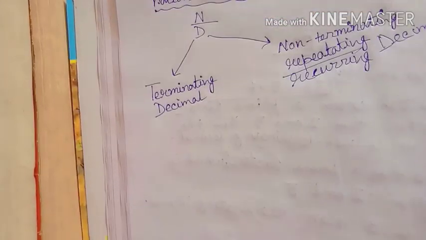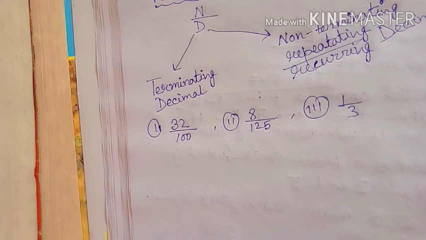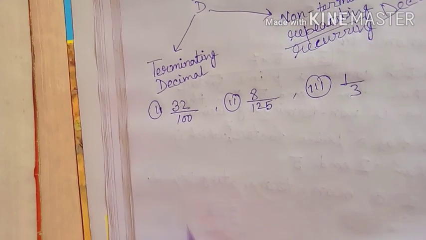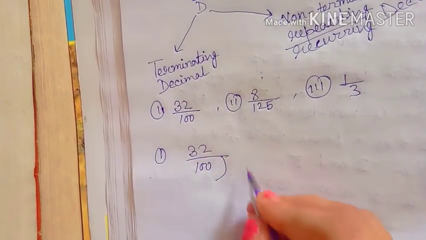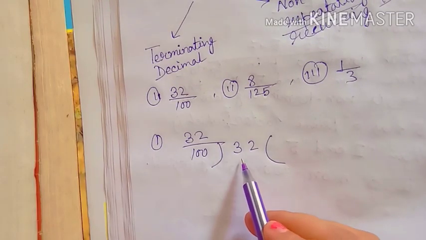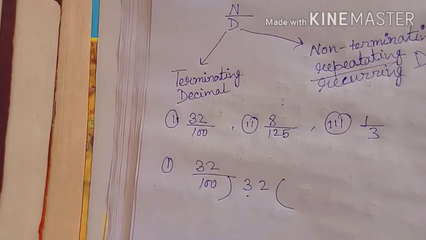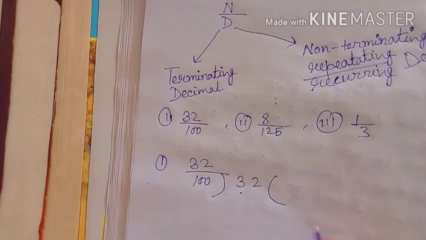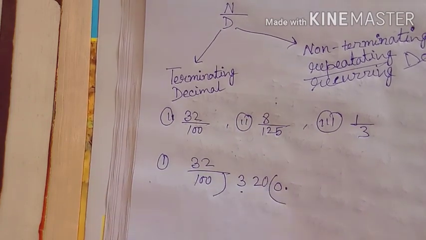Let's see some examples. Here I take some examples from my mind; you can take something else also if you want. Our first example is 32 divided by 100. Let's divide it. The dividend is smaller than the divisor, so we place a decimal here and a 0 here.